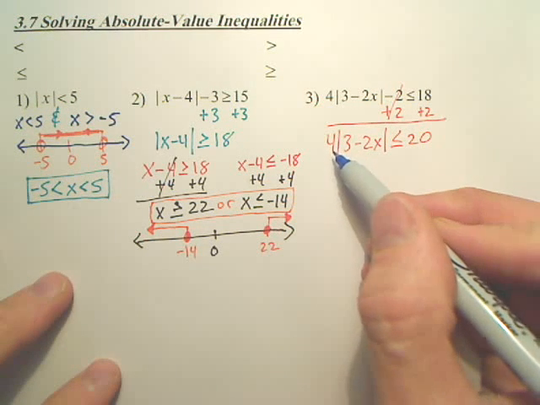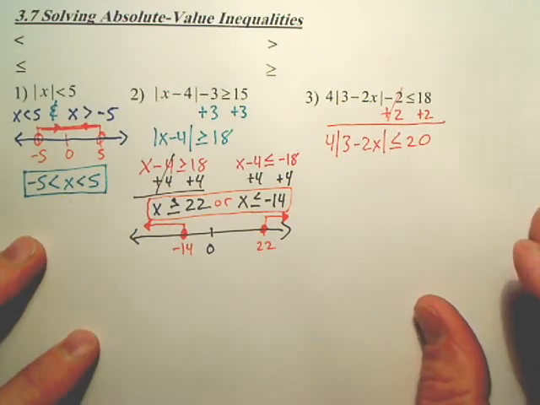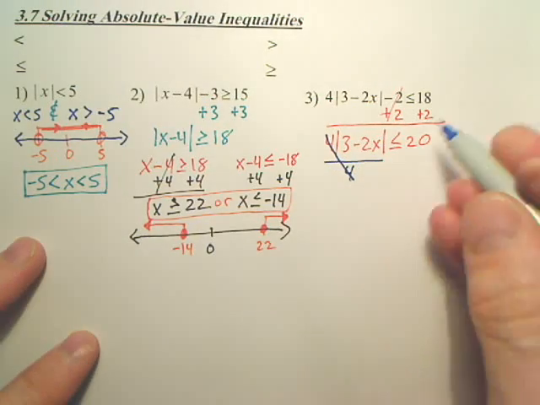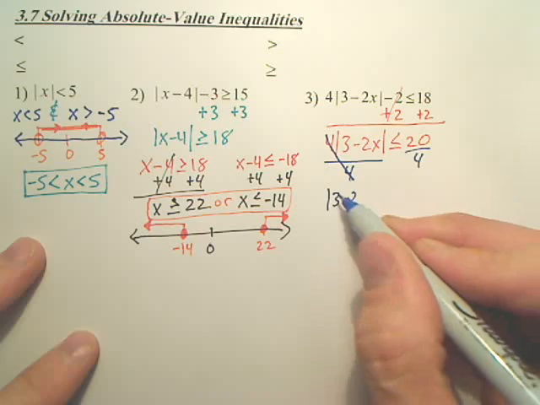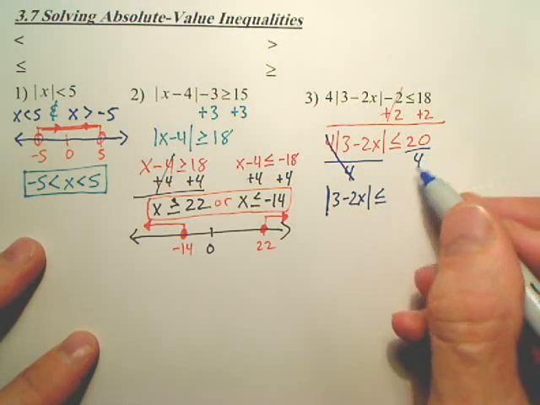I need to get that 4 off the absolute value. How do we get that 4 off the absolute value? You have to divide because it's multiplied on. 20 divided by 4 is 5.